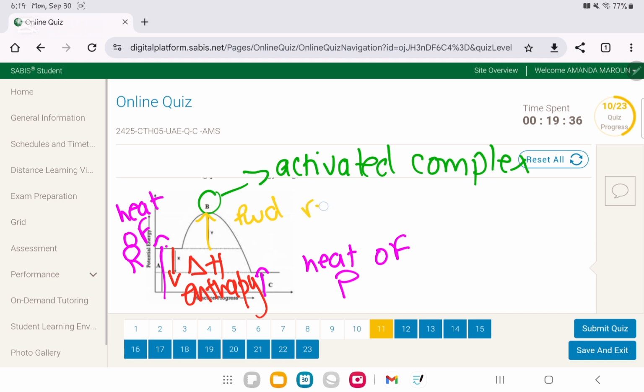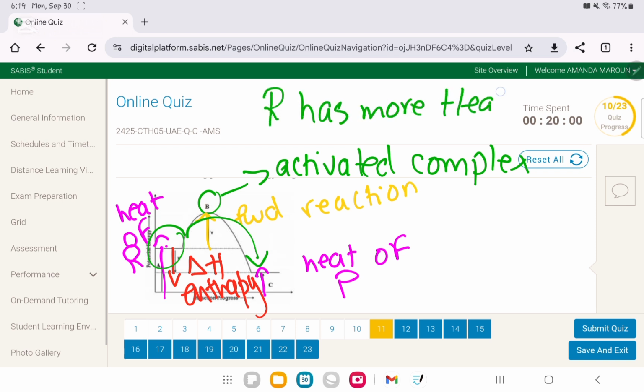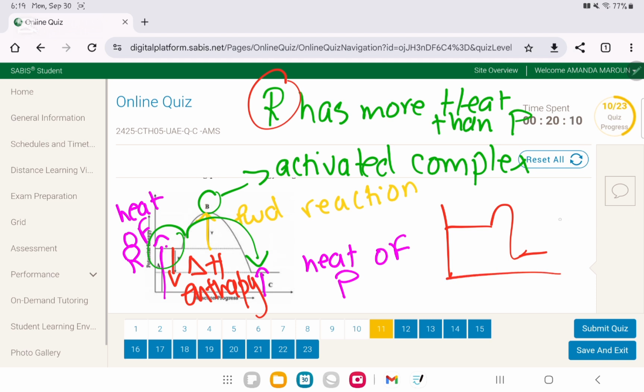How do we know it's a forward reaction? Because it's a reaction occurring from the reactants to the products. The reactants has more heat than the products. If the reactants has more heat than the product, if you remember from previously, then this is exothermic.